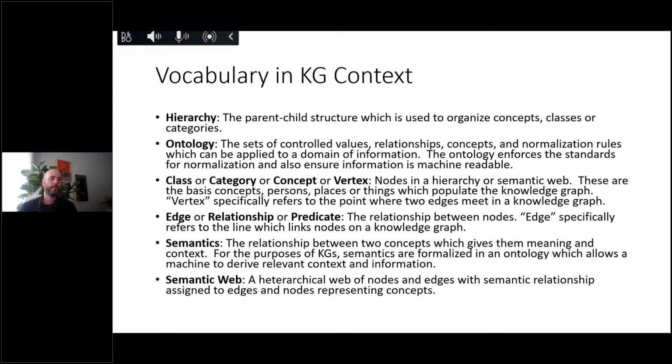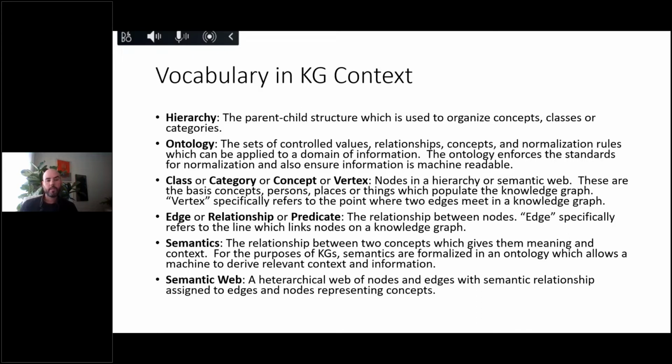This is my preferred language to talk about the relations between the nodes in a knowledge graph because, like concept, I think it's really descriptive of what the purpose of that line is. The relationship between the two nodes is really where the knowledge graph derives its meaning. And so that's the term that I prefer to use, and I'll be using a lot throughout this presentation.